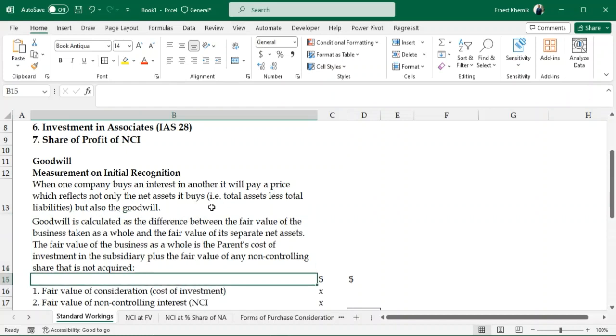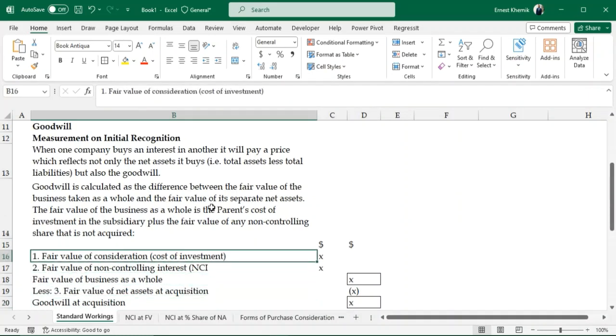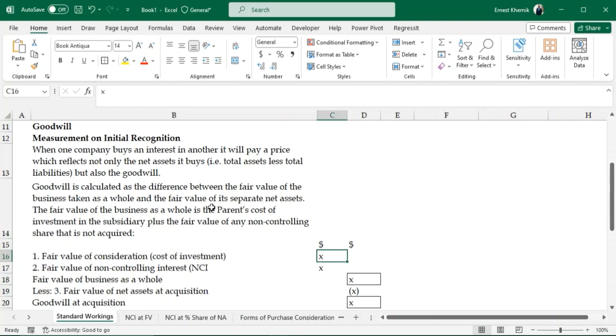So we have this to illustrate that this is the fair value of the consideration. That's the amount of money the parent is paying to acquire the subsidiary. Because the parent is only buying a percentage, usually parents do not buy 100%. That is very rare. They buy 80%, 60%.